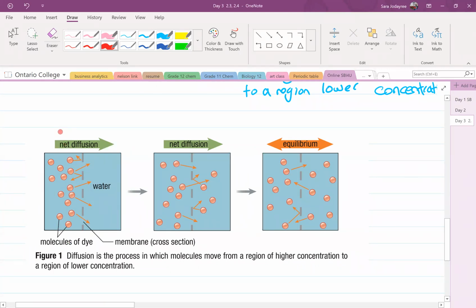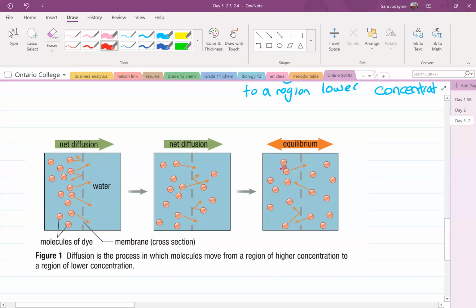There's a net diffusion this side. The molecules want to move to this side because there are fewer molecules there. Again, they are moving across the membrane here. Now what happens is that I have my molecules evenly distributed. So I have something called equilibrium here.